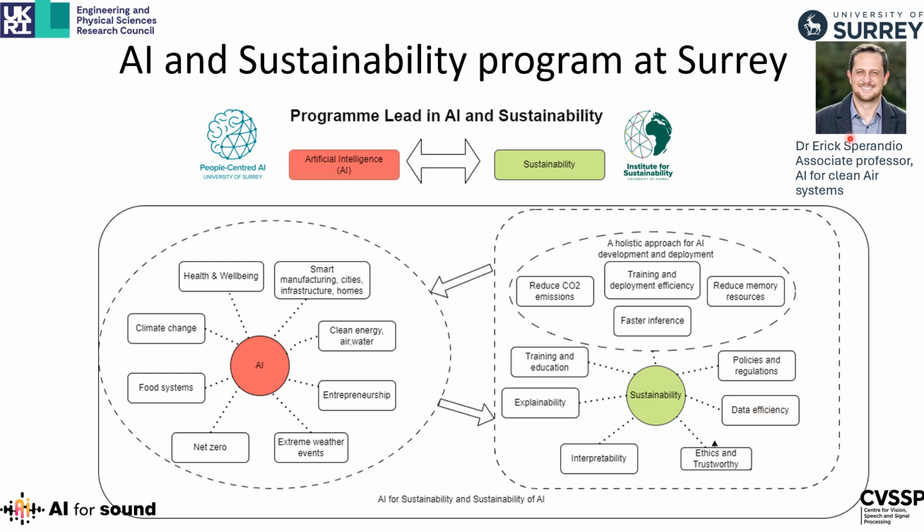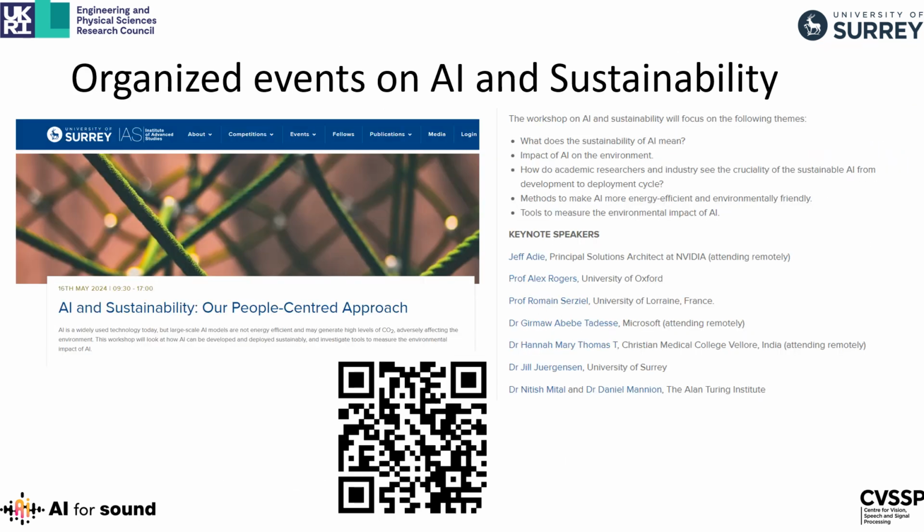This program is led by Dr. Eric Sprendio, and I'm leading one of the core areas on data and model efficiency within the sustainability of AI program. Another important thing from the perspective of AI sustainability is awareness, and reaching out to the whole world or wider society.